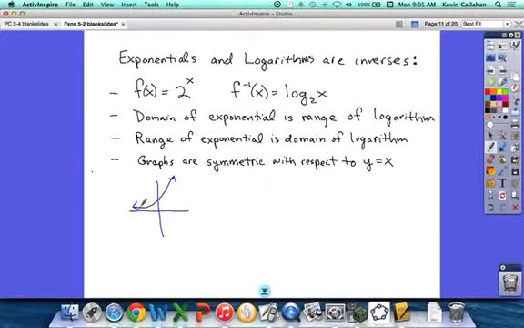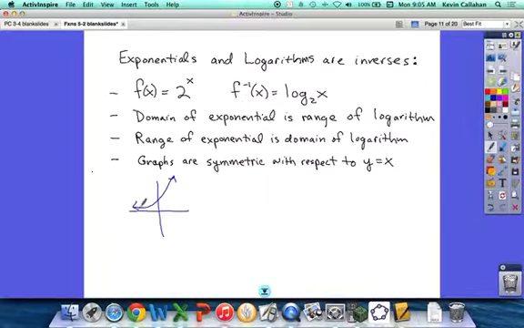It did not have an unlimited range. It had an asymptote on the x-axis, and all the values were above that. So we would have said the range is y greater than 0. So what does that make the domain of the logarithm? X greater than 0. That's why you can't take the logarithm of a negative or 0.